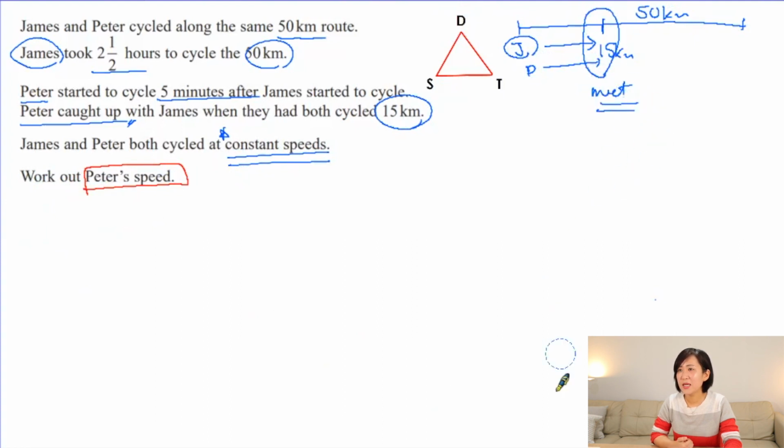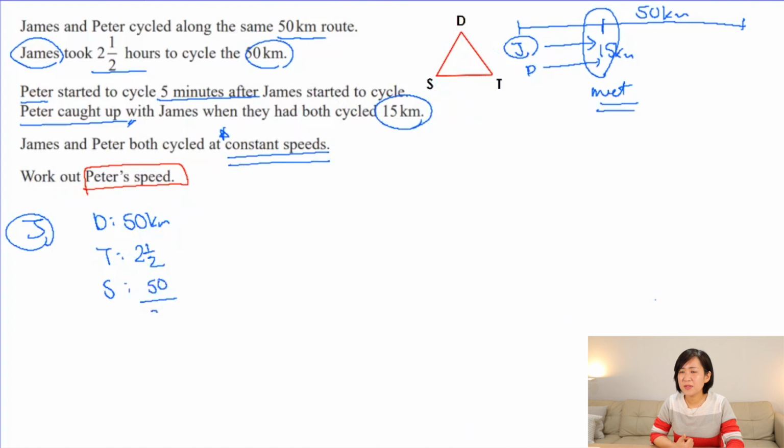Now we need to talk about James first because we've got all the information. The distance, first of all: when James traveled 50 kilometers, it takes 2.5 hours, and using this we can calculate James' speed.